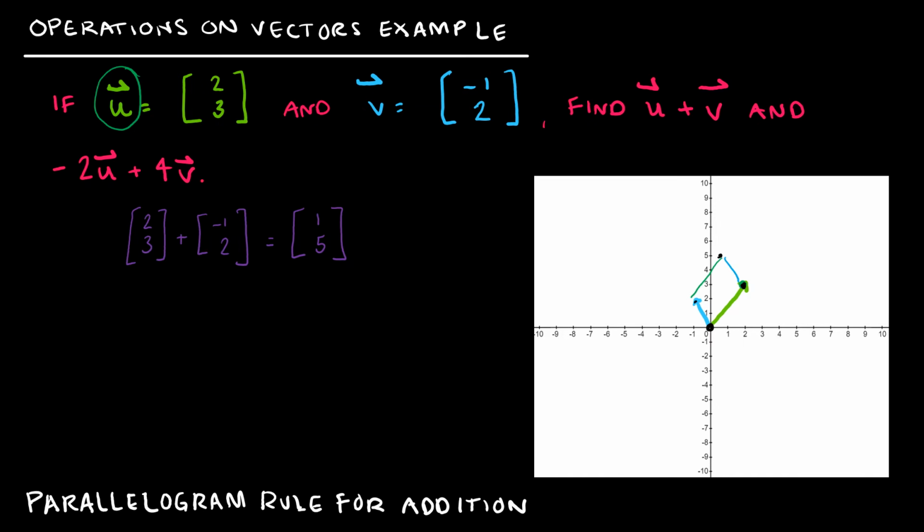And so essentially what the parallelogram rule for addition says, and I didn't write out the formal definition, but essentially it's the fourth point of your parallelogram, made up by the point 0, 0, which we just call the 0 vector, and the two vectors that you're adding together.